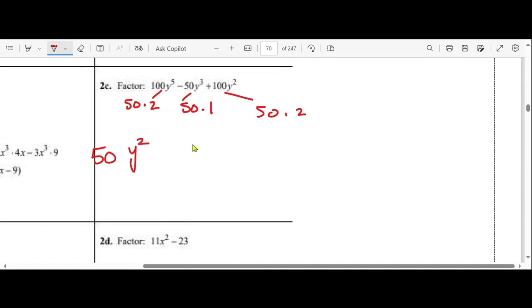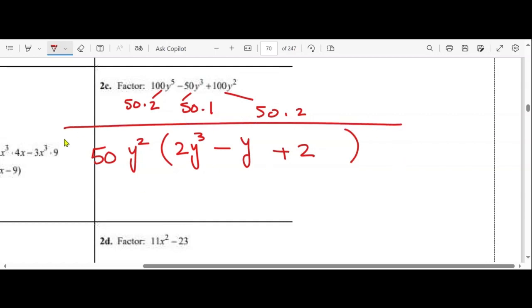Y to the power of 2. So now you divide. What do you get? What's left? 2 minus y. And here, plus 2. Is this correct here? Power of 3. Correct. Very good. So that's your final answer. Easy as easy? Understand? Raise your hand.